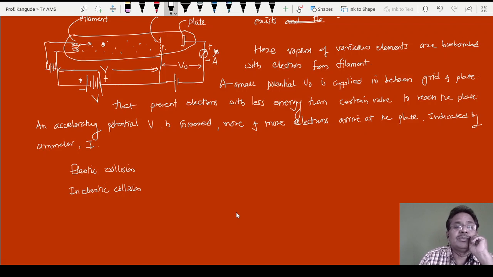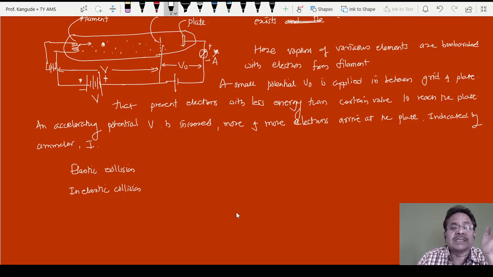So electrons undergo elastic collisions, and as long as elastic collisions are there, these electrons are able to reach the plate, and thereby the current is shown to be increasing in the circuit. At one stage, most of the electrons are completely absorbed, so no electrons reach the plate, and the current in the circuit abruptly drops to a very low value.